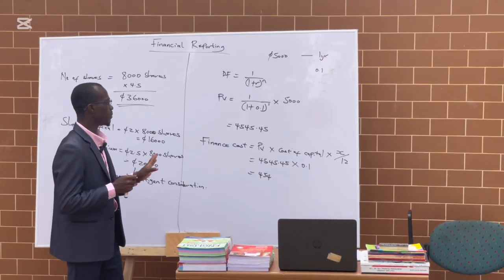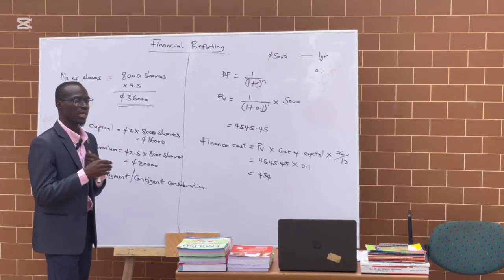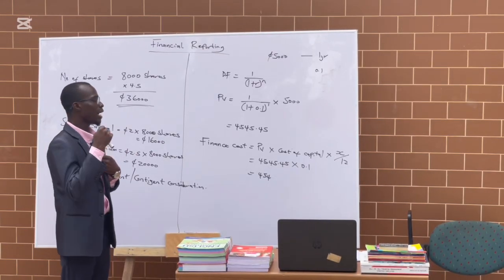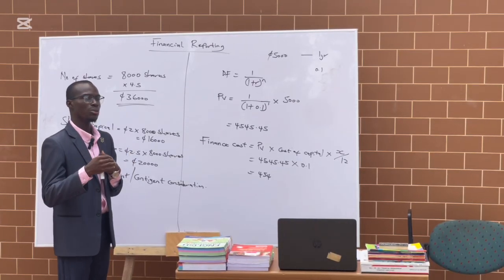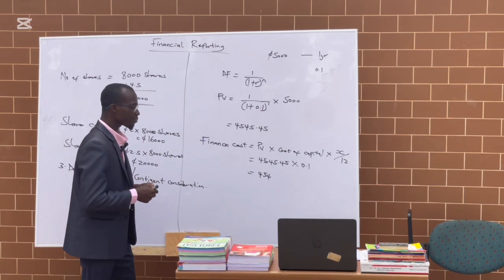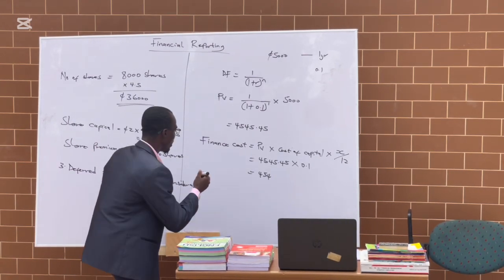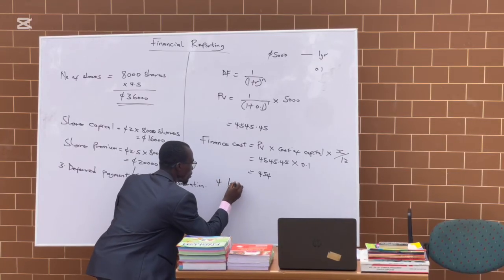So ladies and gentlemen, I'll continue with the consideration transferred by bringing in another way that the parent can make a payment to, let's say, the subsidiary. The fourth one will be the issue of loan note.